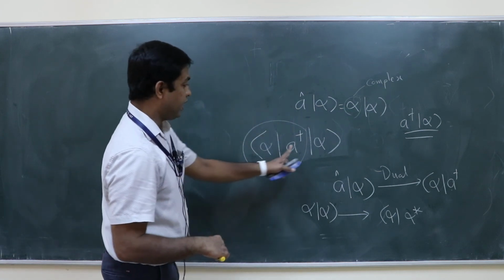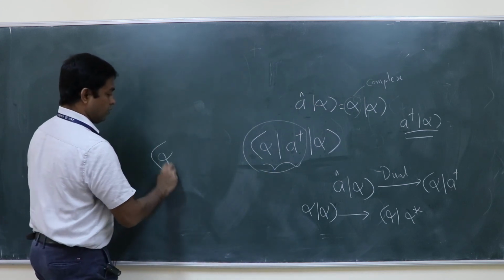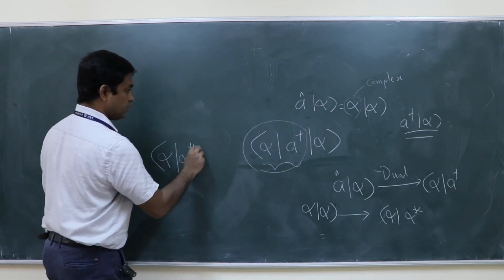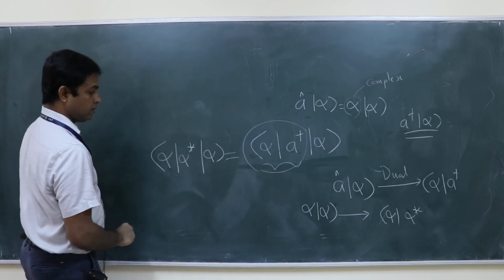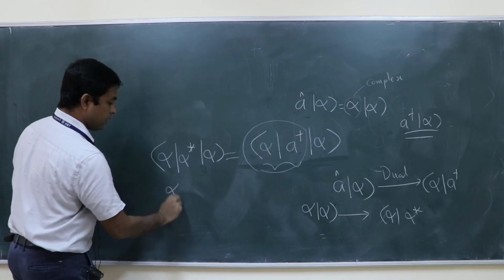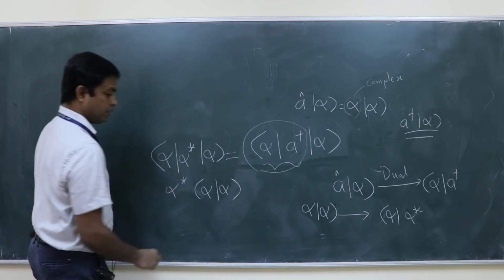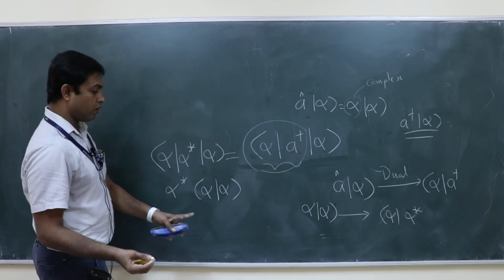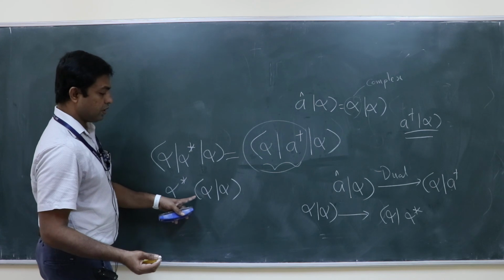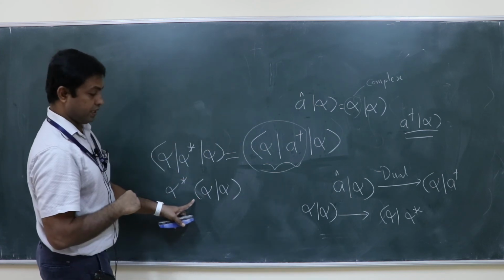So A dagger acting on bra alpha is alpha star, bra alpha. Now alpha star is a number, then I get bra alpha ket alpha. If alpha is normalized, this quantity is 1. If it is not normalized to 1, then basically this is the norm square. So that is what one of you said as the answer.